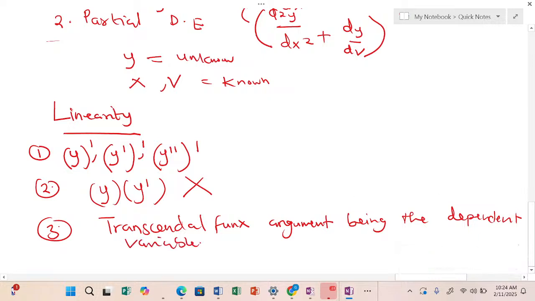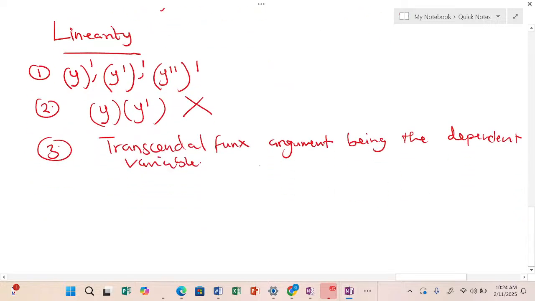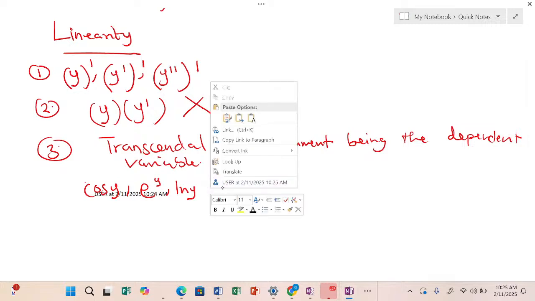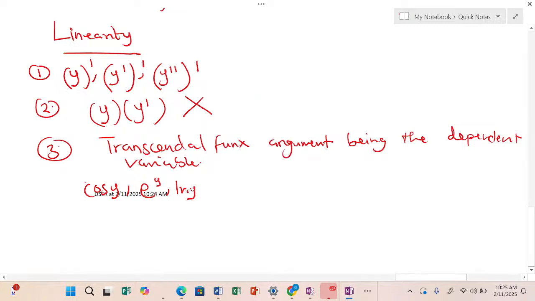What this clearly means is that there shouldn't be an equation where we have cos y, with y being the dependent variable, or something like an exponential function, that is e to the power y, or ln y. You could see that the argument here is y. When that happens, we cannot call the equation linear. So this one in particular is also prohibited if we want to have a linear differential equation.